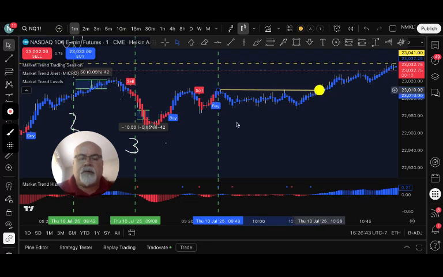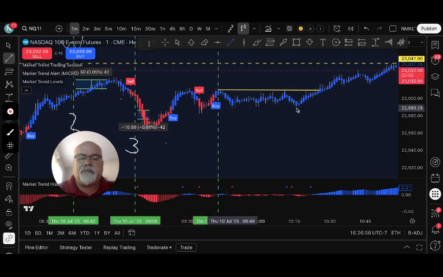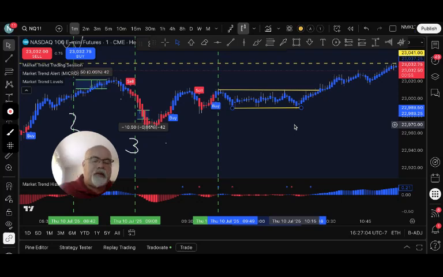Okay, there's one there. Let me get that out of there. Let's grab this tool here, and we'll do one across the bottom down here. Okay, so I'm looking for a breakout to the top side or to the bottom side here.